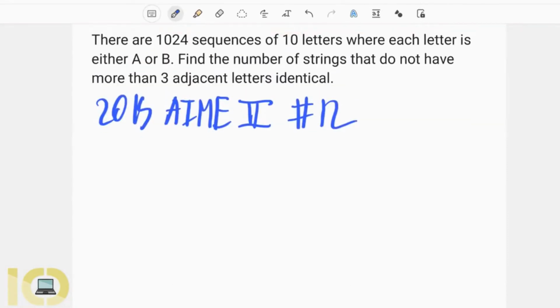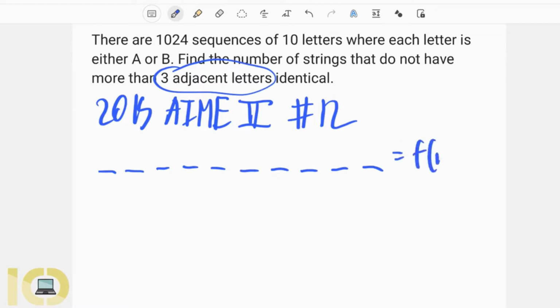So the first thing we see when we see this adjacent letters thing is recursions. So I'm going to just visualize it right here. Alright, so as you can see, there's 10 letters here. So I'm going to let the number of sequences that are possible equal f of 10.